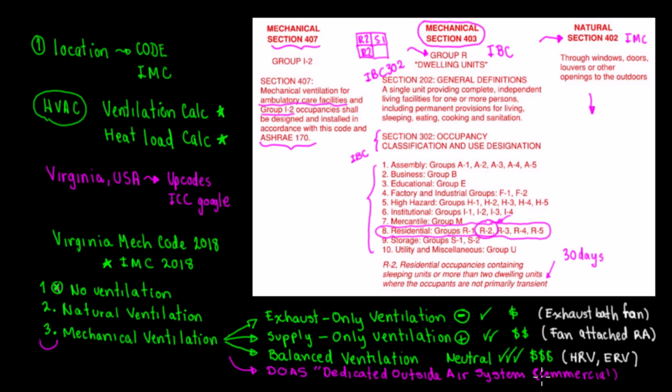Okay, so overall, let's make a summary very quickly. Whenever you're doing ventilation, you have to comply with the mechanical code because you're doing mechanical ventilation, and for that you can comply with this mechanical code section. Based on the location, for example, for residential, you have the formula, and you can see it in my other videos: outside air equals 0.01 of the area plus 7.5 times the number of bedrooms plus 1.